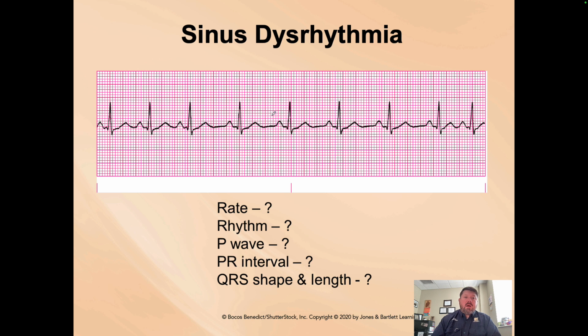The P wave is of sinus origin, you can tell. The PRI looks to be about 0.16, and the QRS looks to be about 0.10 seconds. So it follows the rate rule, it follows the P wave, the PR, and the QRS, but the rhythm is irregular, so that makes this a sinus dysrhythmia.